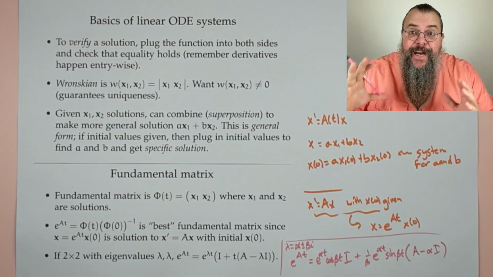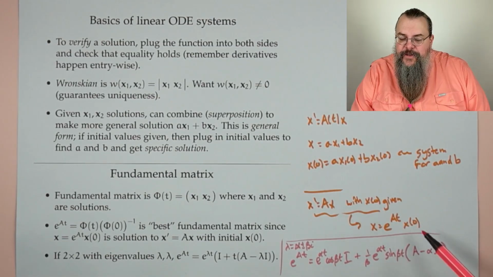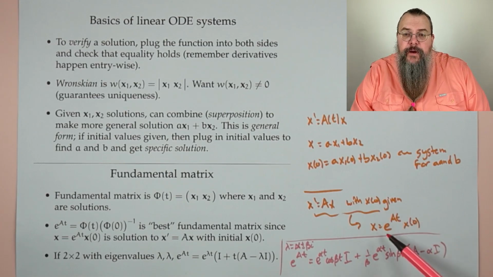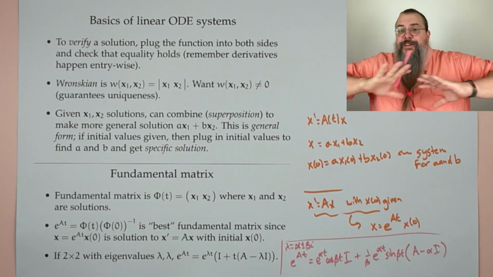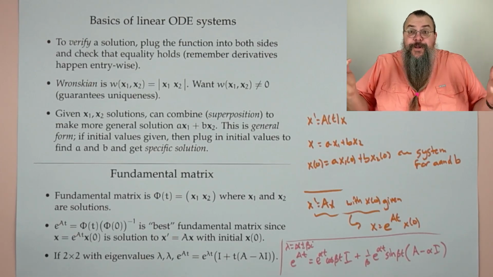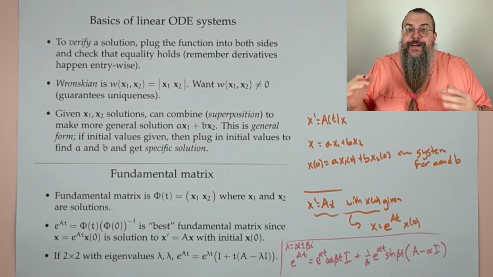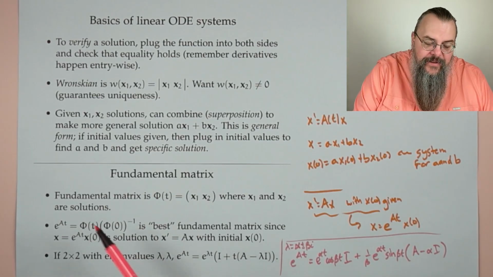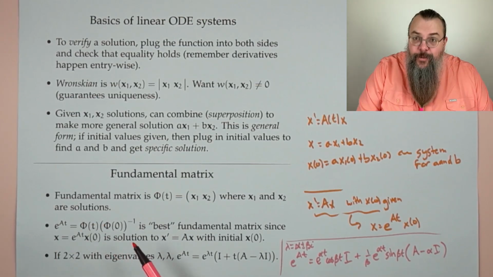And once you have that, you've got a couple things really quick. One, you have an initial value problem, you quickly pound out e to the at, you multiply by x0, life is good, you're done. What if you want general form? No problem. Why? E to the at is a fundamental matrix. It's the best, but it's one of them.